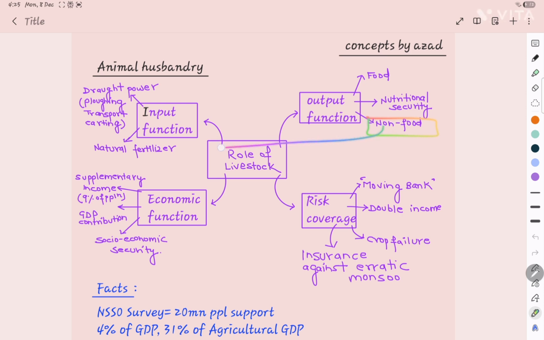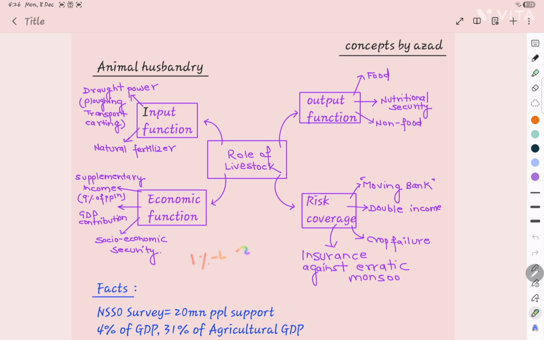Okay, livestock, India. UP, for example, is known as the first state having the highest meat production, and it has a major contribution in the GDP of UP. So it also provides supplementary income, GDP contribution, and the third thing is socio-economic security.